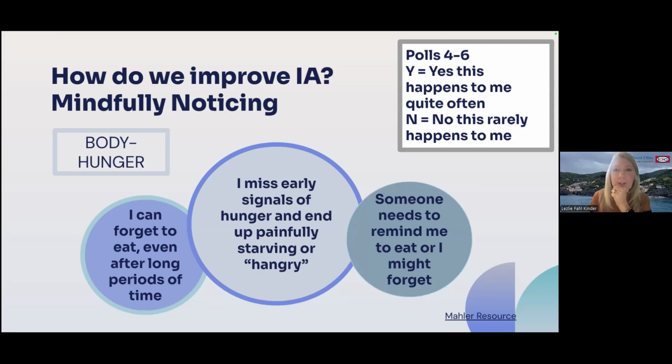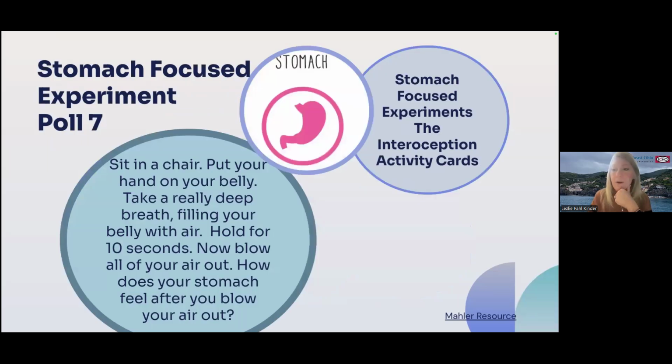So if any of us are having yeses, that means the body signals telling us that we're hungry might be unclear for us. And of course, there are next steps of things to do for that, we don't have time, but there is a lot of information out there to be able to improve it. So we can stop that poll, but can everyone see the result?